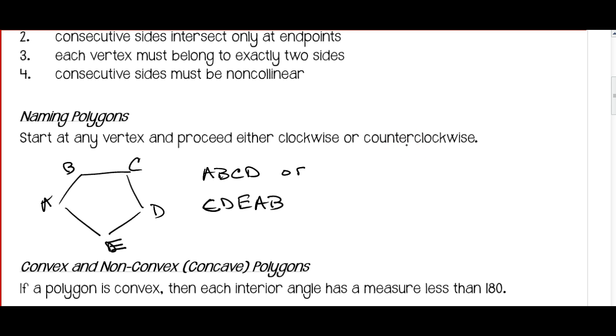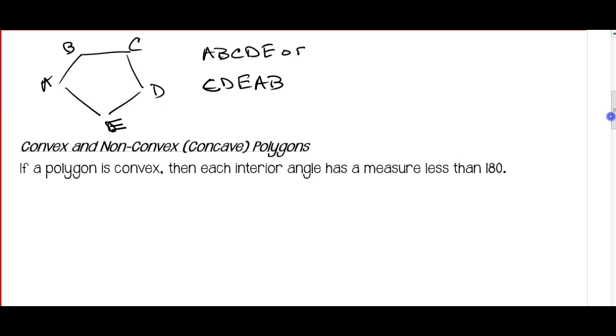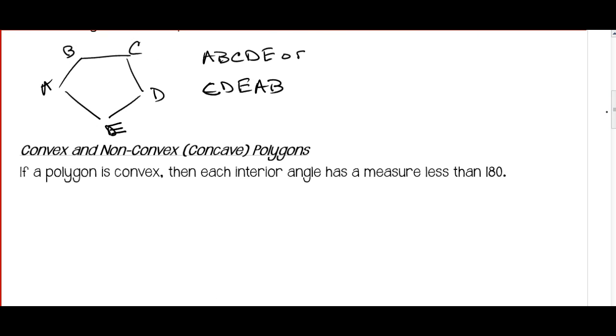We'll have some special symbols for a parallelogram, but most of the time you just pick the letters, pick anywhere you want to start, and go all the way around until you get all the vertices. We're going to talk about convex and non-convex, or concave.